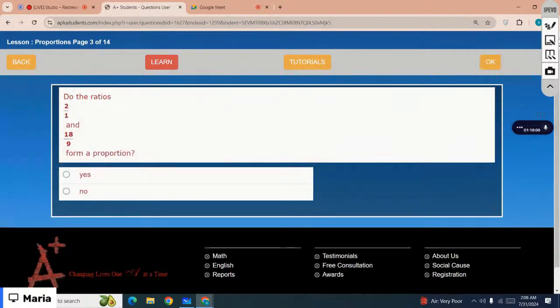Do the ratios 2 by 1 and 18 by 9 form a proportion? Which is the correct option? Yes, they are a proportion. The correct option is yes.